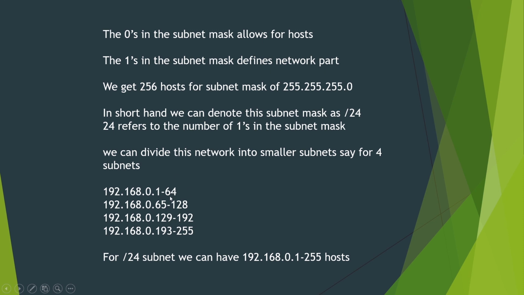The last address, 64, is the broadcast ID for the subnet, and 128, 192, 255 are the broadcast IDs for the other subnets. You use the broadcast ID for transmitting data to all the computers in the subnet. That is the usefulness of the broadcast ID, and with the network ID you can identify the network.